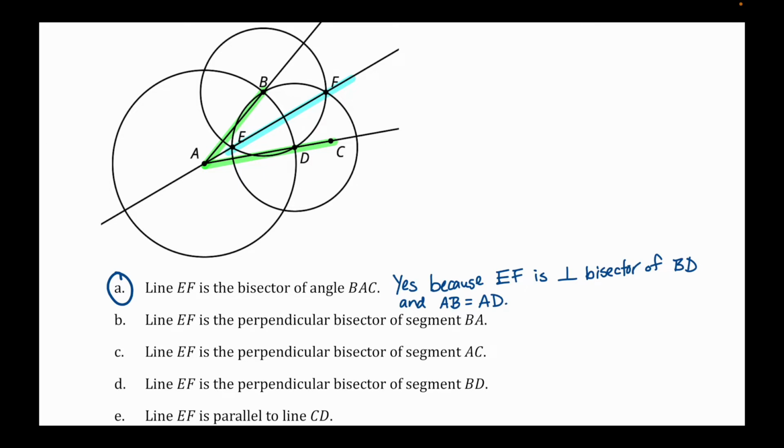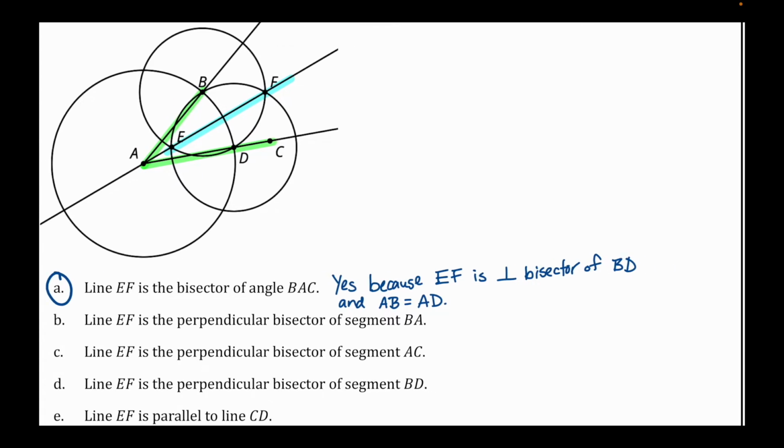So what I wrote basically says, hey, these are the same length, and then we created a segment between them and bisected that.